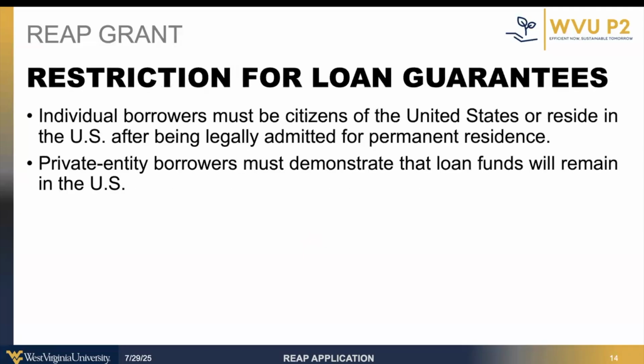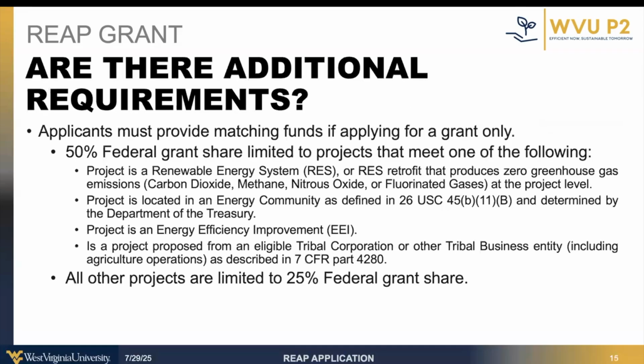A couple of rules. If you're applying as an individual, you must be a U.S. citizen or legal resident. If it is a business entity, the project has to be based in the U.S. and the money must stay in the U.S. Some projects, like the ones that are zero emission or located in energy communities, may qualify for the full 50% grant.